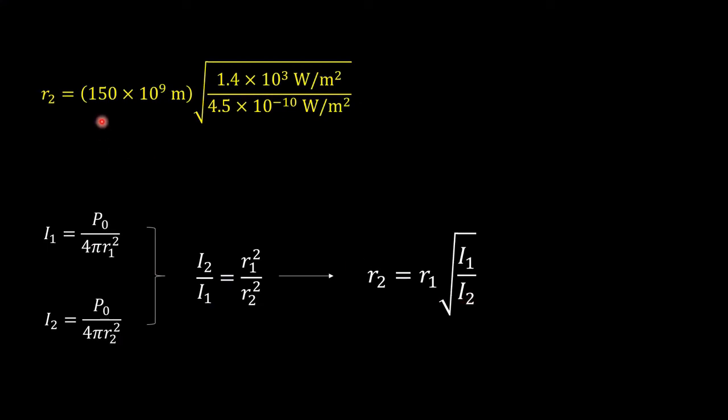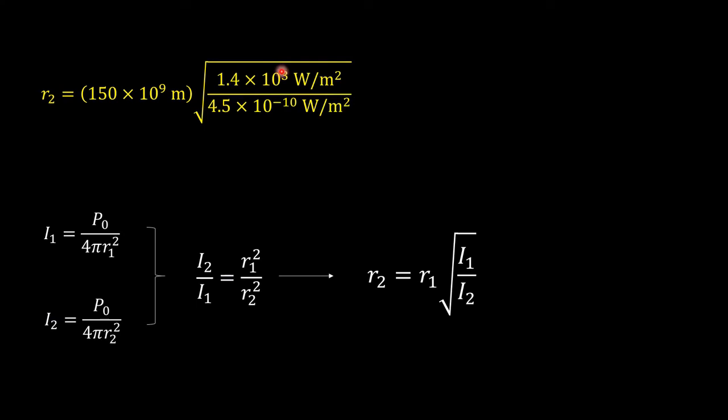So let me plug in numbers. The distance to the sun was 150 million kilometers, or 150 billion meters. And then be careful. Remember, the intensity I1 is the sun's intensity. I2 is the faraway star's intensity. So since that 1.4 kilowatts per square meter is so much greater than the measly intensity coming from that faraway star, this is an enormous number.